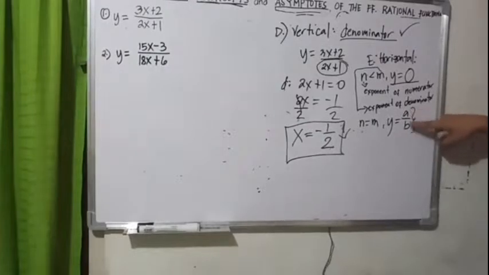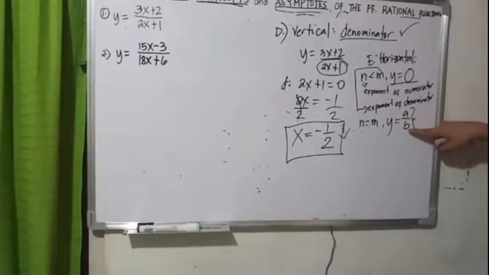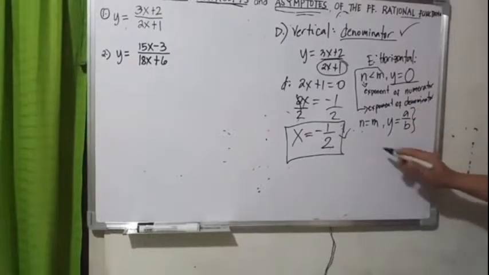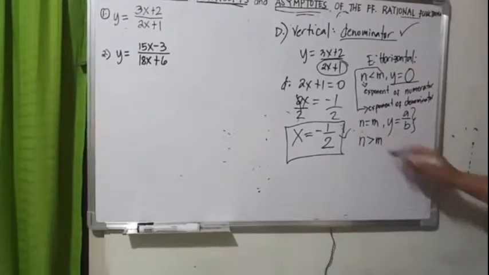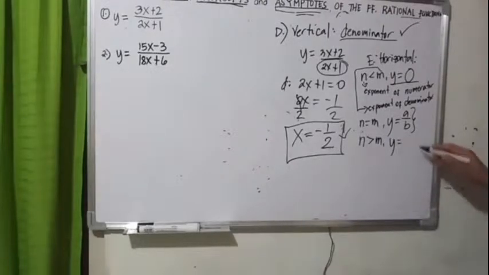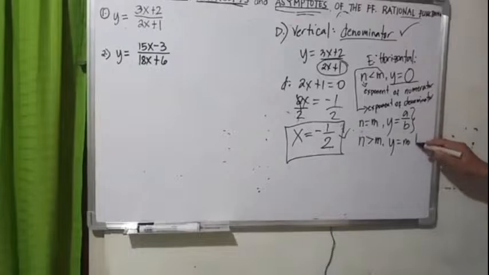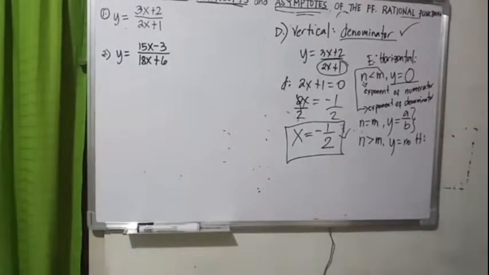And last restriction, if n is greater than m, there is no horizontal asymptote.